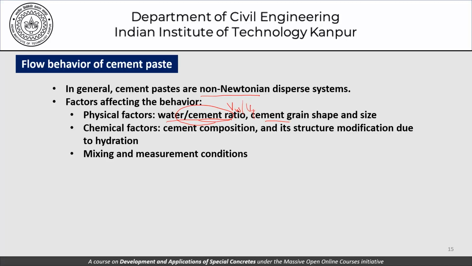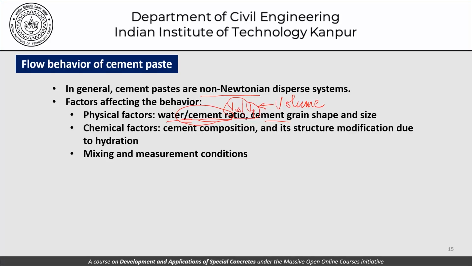We are used to calling it water-cement ratio, but as far as rheology is concerned, we had better start talking in terms of volume of water to volume of powder, because here we are talking in terms of volume ratios, whereas the water-cement ratio is a mass ratio. So there is a density term involved, so we should be careful when converting one from the other.